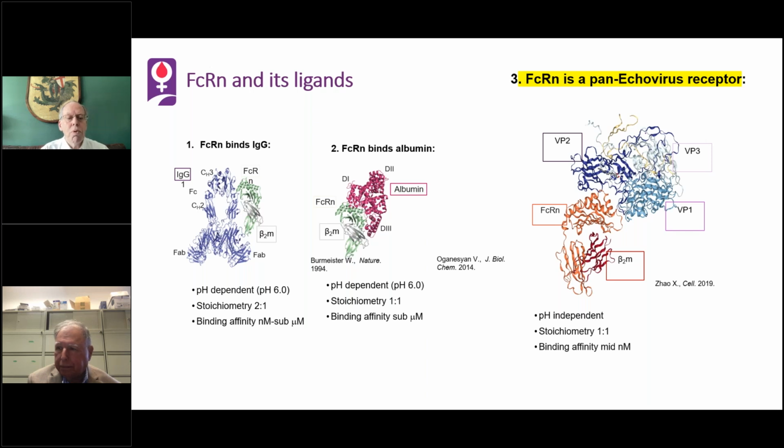To also point out one last thing, FcRn itself is a pan-echovirus receptor. So it's pH independent. The echovirus can bind to it and use it to enter a cell.